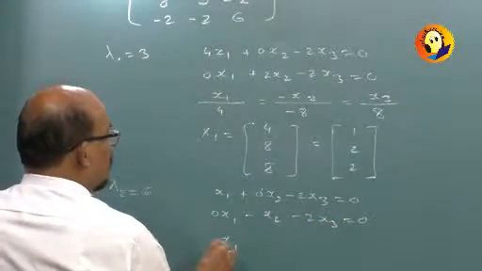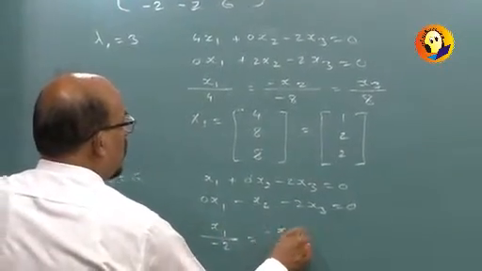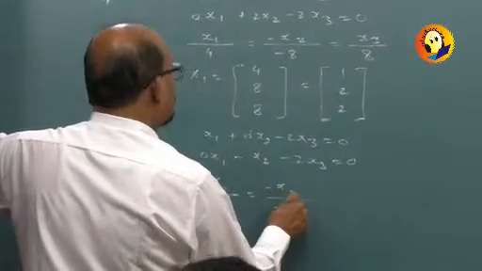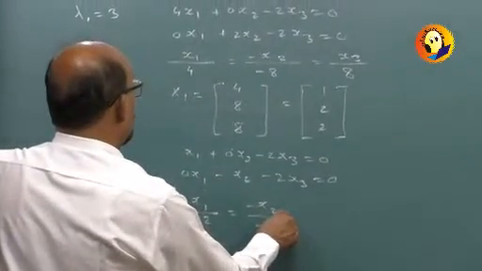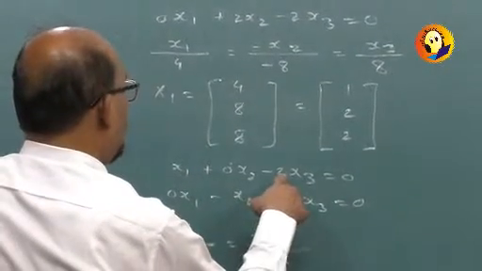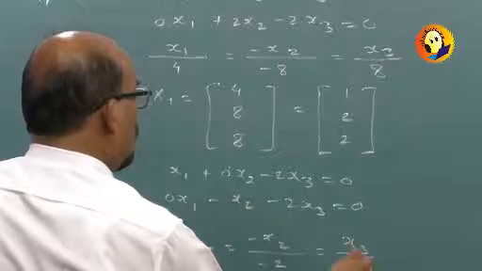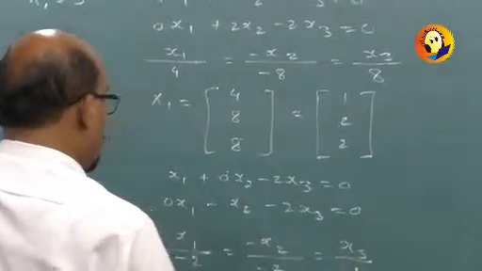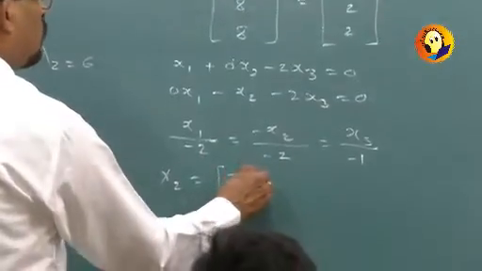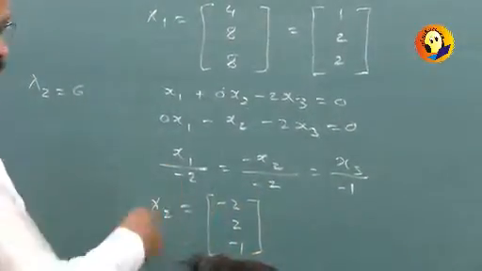So it will be x1 upon minus 2 equal to minus x2 upon again minus 2 and equal to x3 upon minus 1. So capital X2 will be minus 2, 2, minus 1, or 2, minus 2, 1.